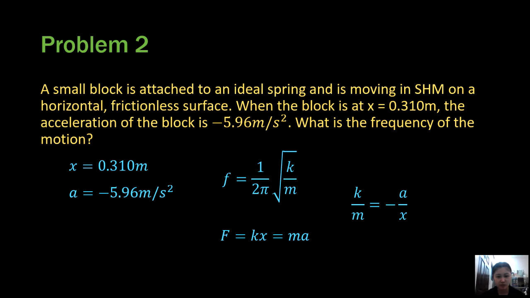Using that formula that we have derived, we would get the acceleration, which is negative 5.96 meters per second squared as given in the problem, divided by the distance, which is 0.310 meters.